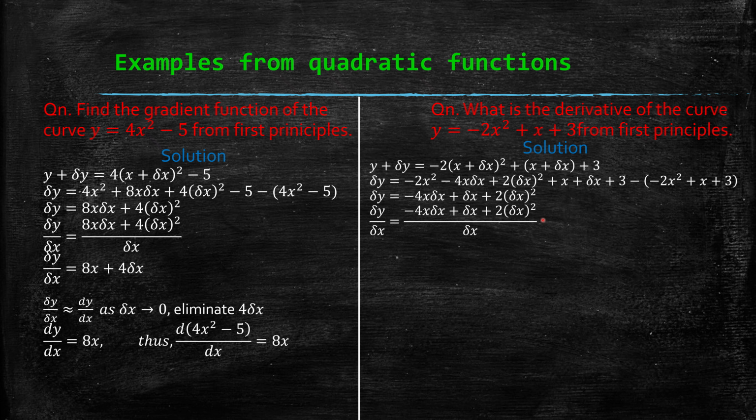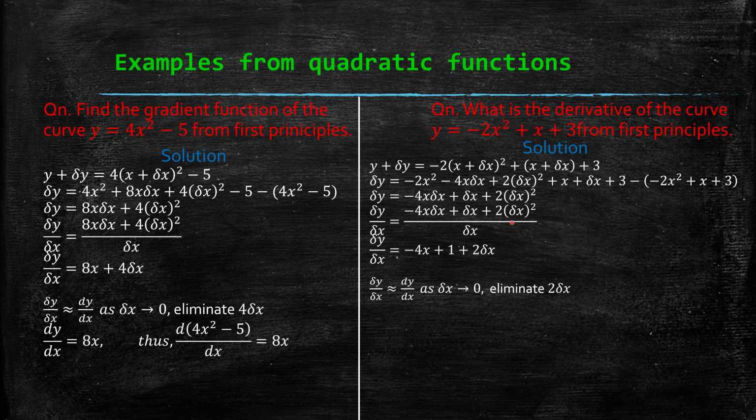Then our next step is to divide by small change in x such that our function becomes negative 4x plus 1, then plus 2 small change in x, because this one is going to reduce this one off, also this, and also reduce this one.